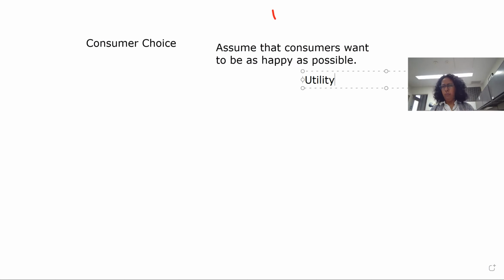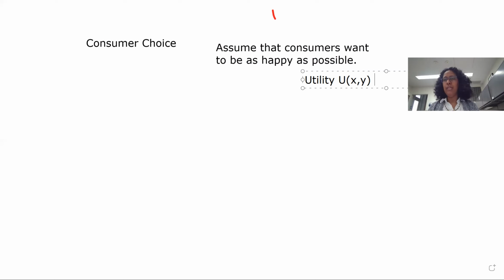Utility is an idea that we could actually measure the happiness of the consumer. And so the utility function, if I have a U, and it's a function of two goods, X and Y, then there's some way to operate on the quantities of these two goods, X and Y. And when I apply this function, assuming I can measure the utility, I'm going to get a number.